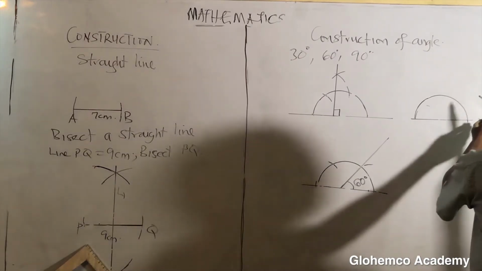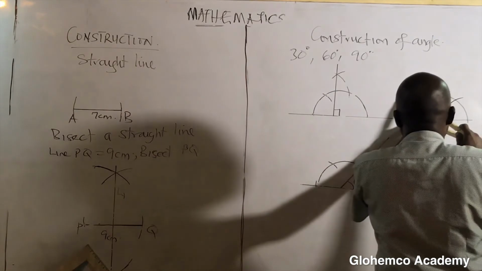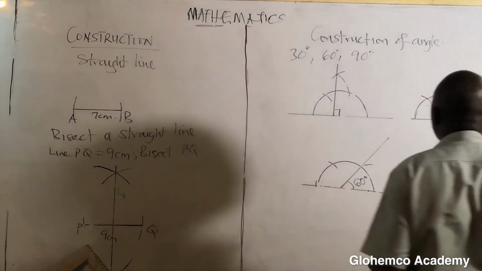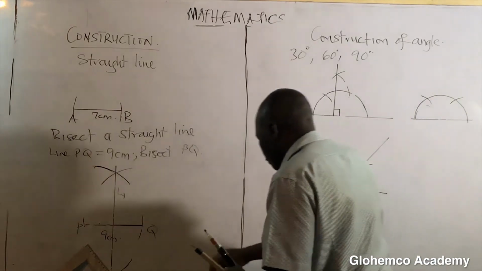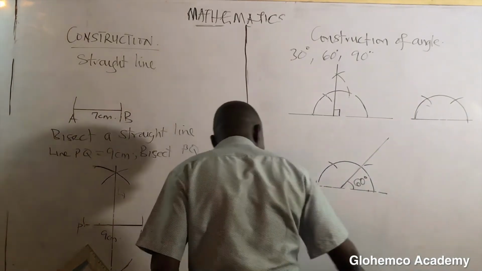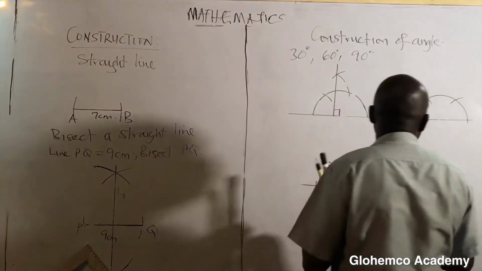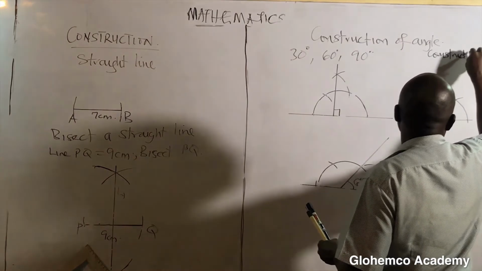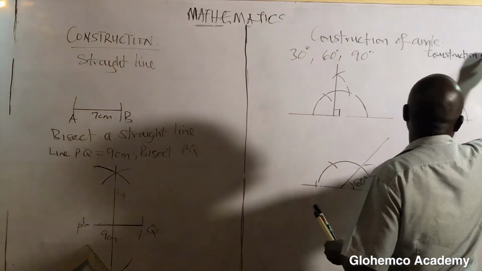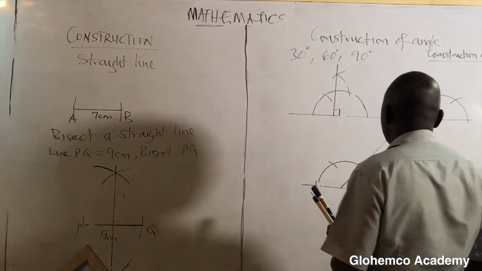Now, from here, put your compass, mark an arc. From here, put your compass, mark an arc. We want to construct angle 30 degree there. This one is construction of 30 degree.